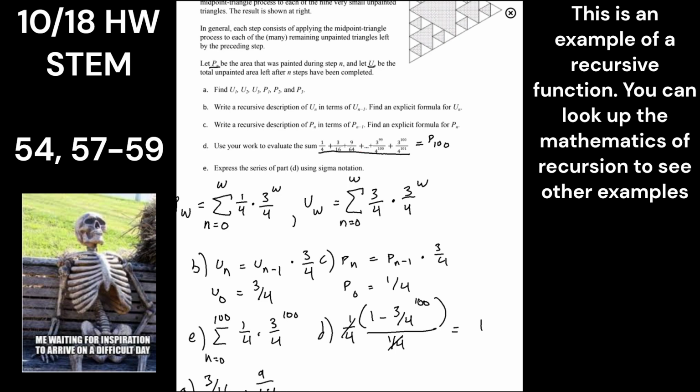P3 should be this times 3 over 4, so this would be 27 over 256. That is the P series. And for U, it should just be the same series, but it starts at 3 over 4. So U1 should just be 9 over 16, then 27 over 256.